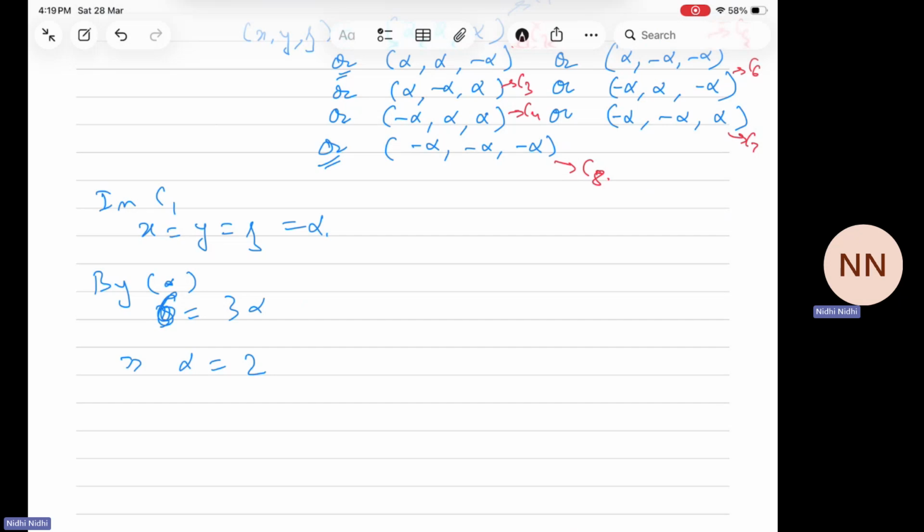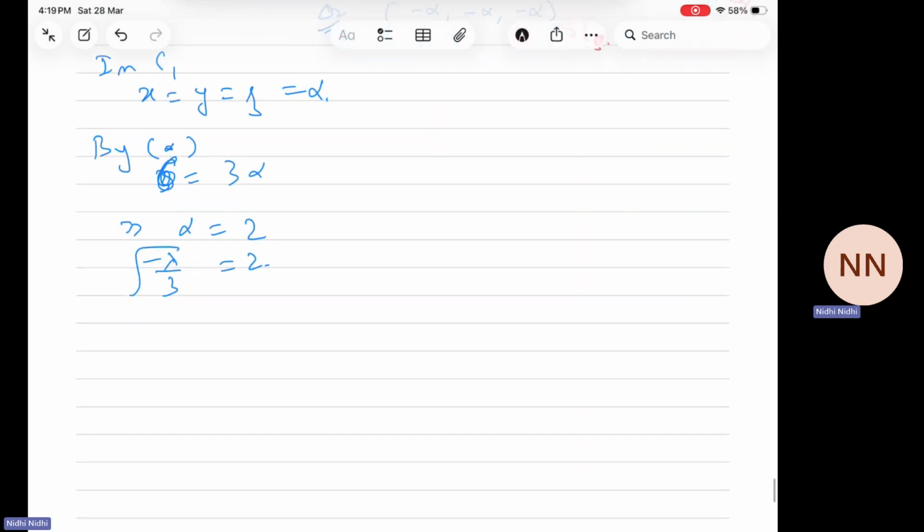And alpha was under root minus lambda by 3, which is equal to 2. Squaring both sides, minus lambda equals 4 times 3, 12. Lambda is minus 12. That means x equals y equals z equals alpha, and since lambda is minus 12, alpha is under root 12 by 3, which is 4 under the root. So this is again two possibilities: it's either plus 2 or minus 2.